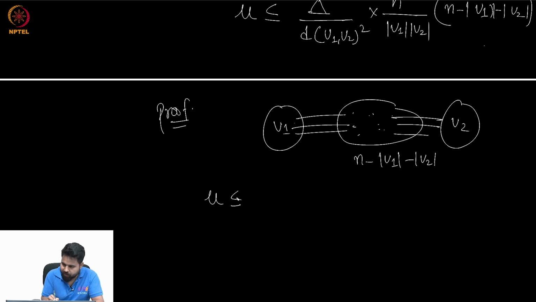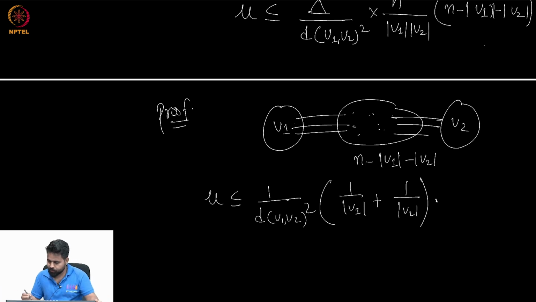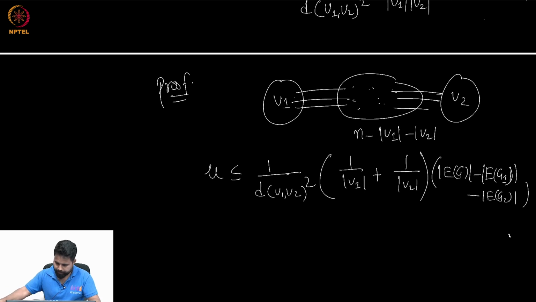So the algebraic connectivity was always less or equal to 1 divided by the distance between V1 and V2, squared, times 1 over |V1| plus 1 over |V2|, and then these edges: |E(G)| minus |E(G1)| minus |E(G2)|. Then you take this. Now if you see here, what about this number?